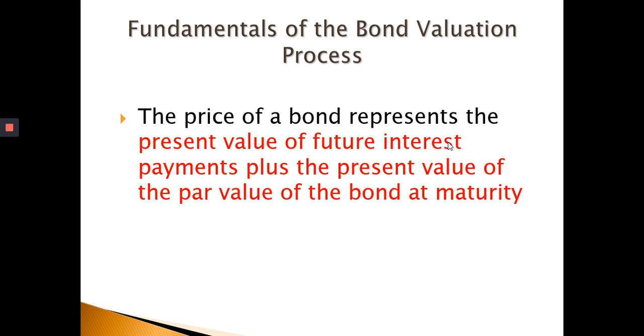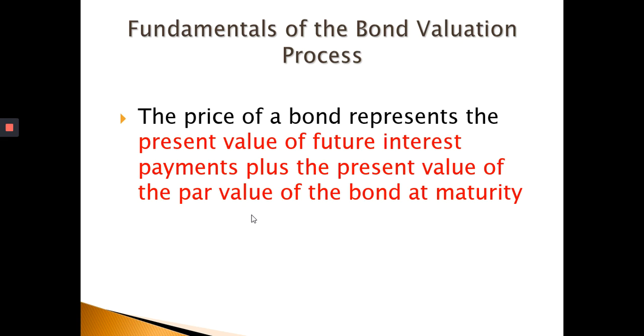How do we use that? Here, future interest payment plus the present value of the par value. So remember what are the two income that you receive from the bond. If you are bond holder, you receive interest and also par value.